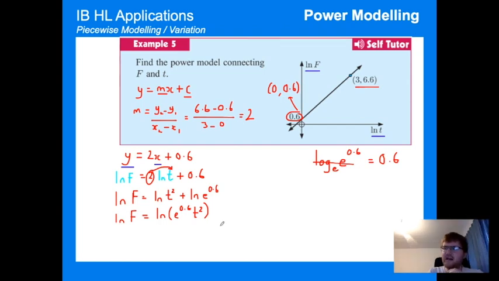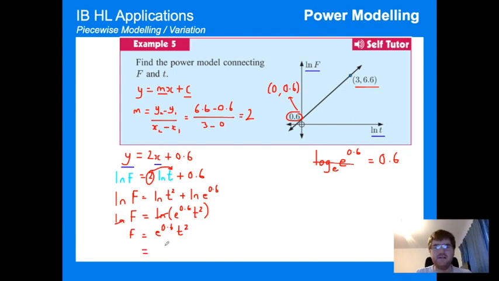Now, because I have natural log of something equals natural log of something, only at this point can I cancel the ln's. What we're doing is raising both sides to the power of e, but it has the effect of cancelling. Then we get f equals e to the 0.6 t squared.